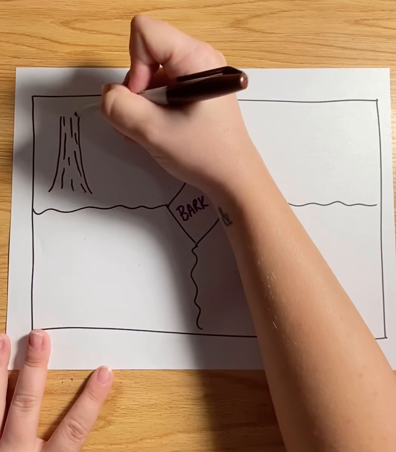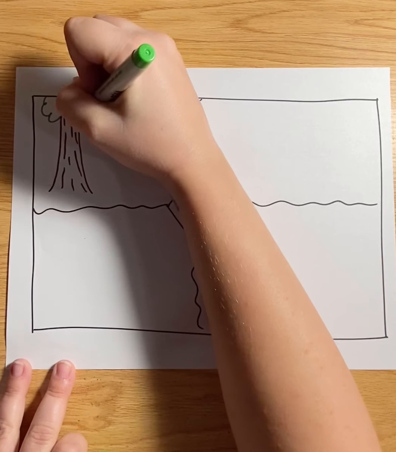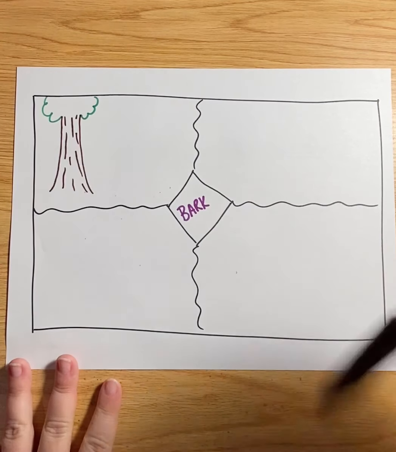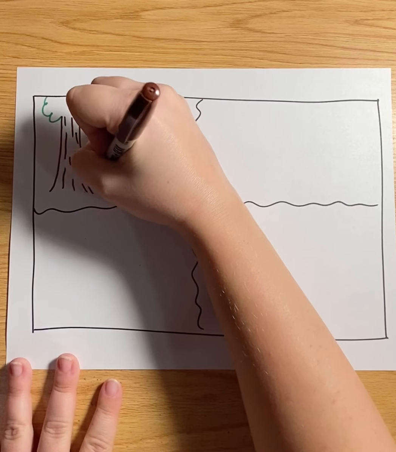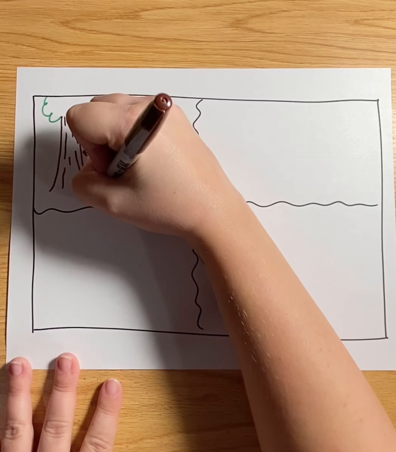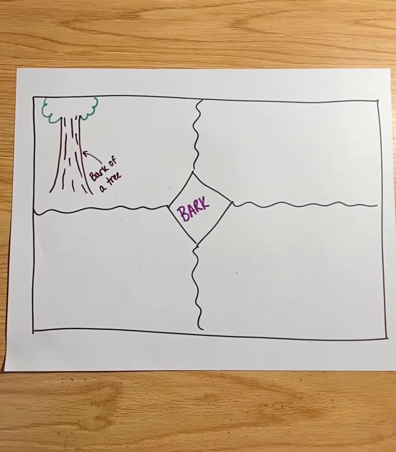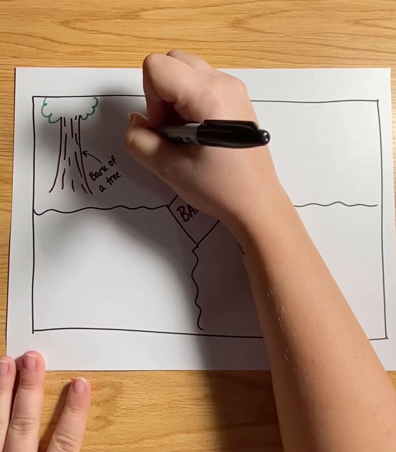Okay. That's kind of tree-like. And that would be one type of bark. So the bark of a tree. The other type of bark that I can draw is a dog. Okay, this is going to be really bad. I'm just warning everybody.